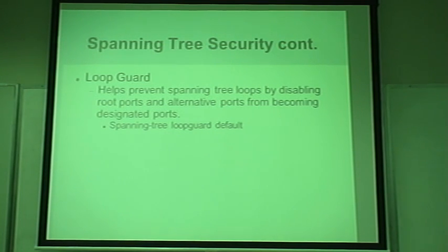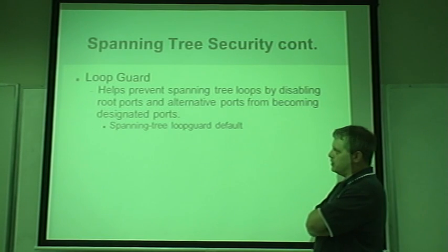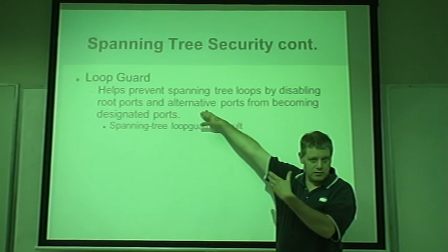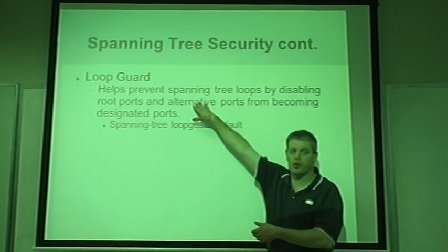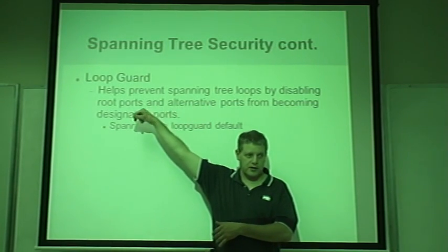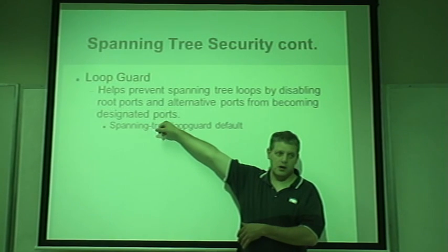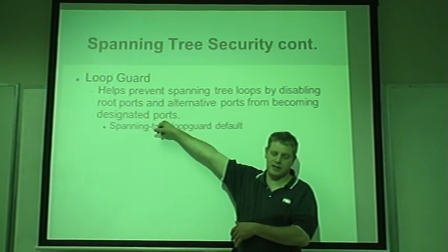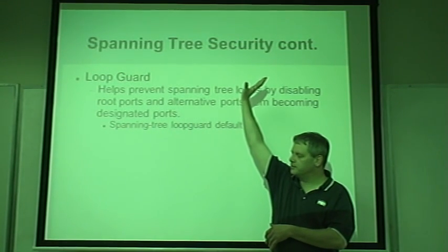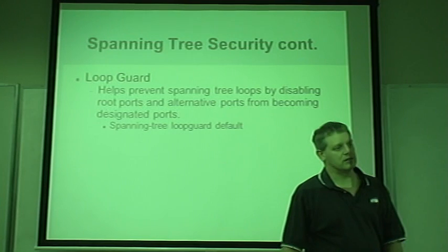And finally, loop guard. It helps prevent spanning tree loops by disabling root ports and alternative ports from becoming designated ports. It's really important to understand that root ports and alternative ports, which is if a root port goes down, the alternative port becomes a root port, control the flow of traffic, and a designated port is basically a port that you cannot block.